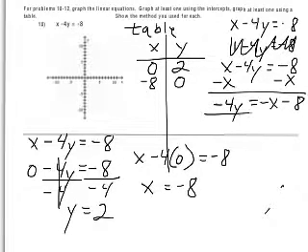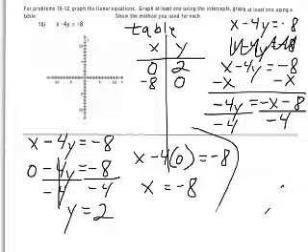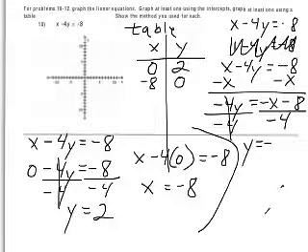Now I'm going to divide by negative 4 to get the y alone, divide this side by negative 4. That'll give us y equals, negative divided by negative is positive, 1/4 x minus 2, because negative 8 divided by negative 4 is a positive 2.